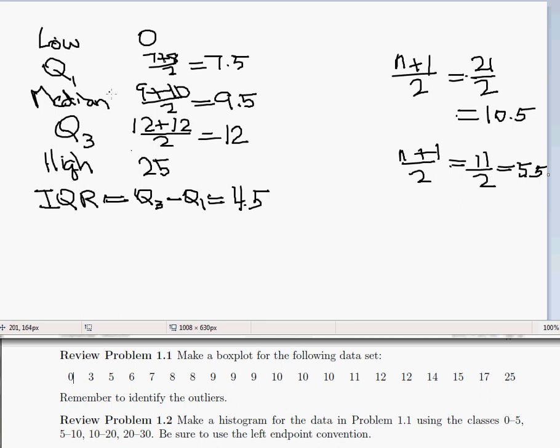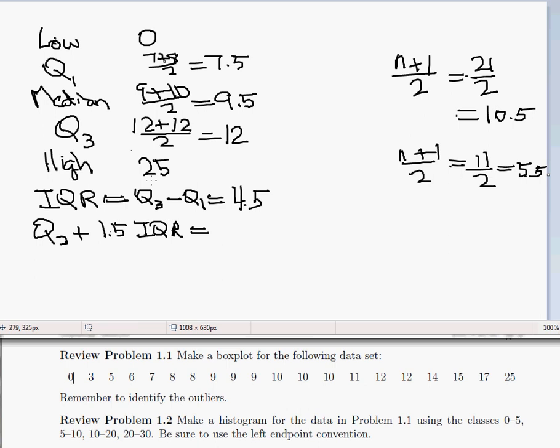Now I have to figure out the cutoffs for possible and probable outliers. First off, for the upper part of the data, we figure out Q3 plus 1.5 times the IQR.